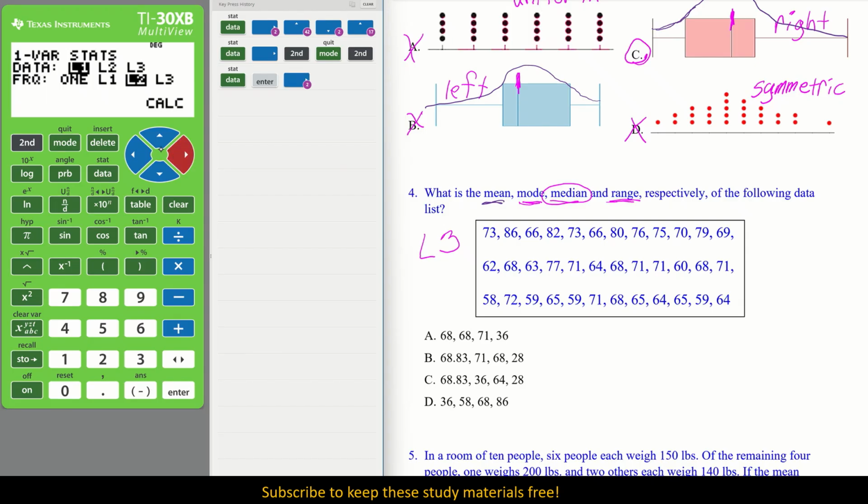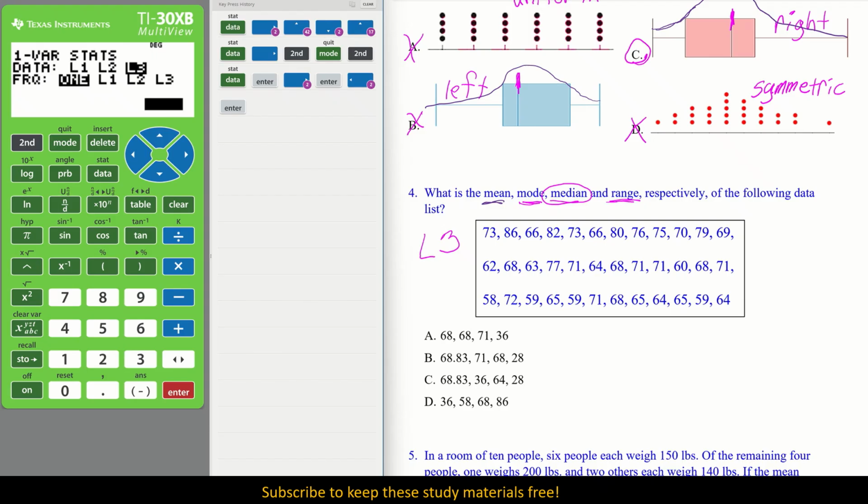So you go over to L3 and you push enter to highlight it. Now you arrow over, see where it says 1, enter that. That way, that frequency data, there is no frequency table, so you're not worried about it. It's not going to do anything.